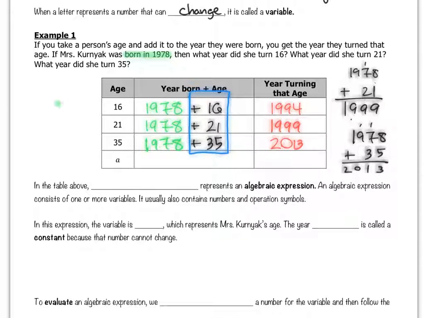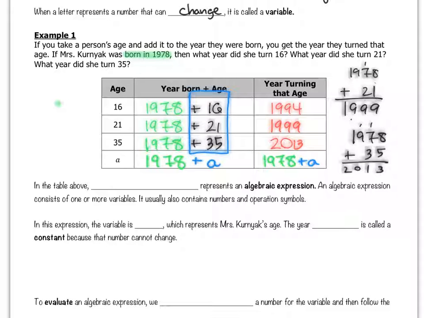We could say, for instance, that someone's age is represented by the variable A. And so if we wanted to find what year Mrs. Kerniak turned a certain age, we would take the year she was born, 1978, and add her age, and our answer would be the expression 1978 plus A.